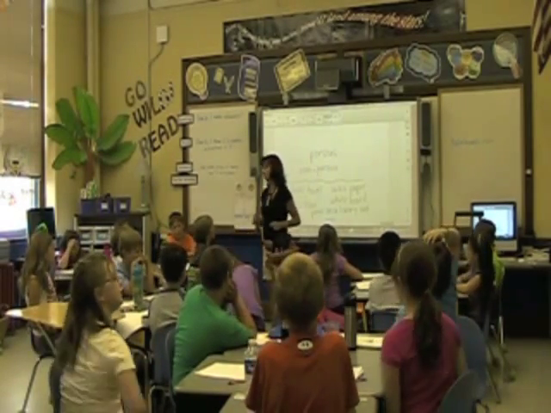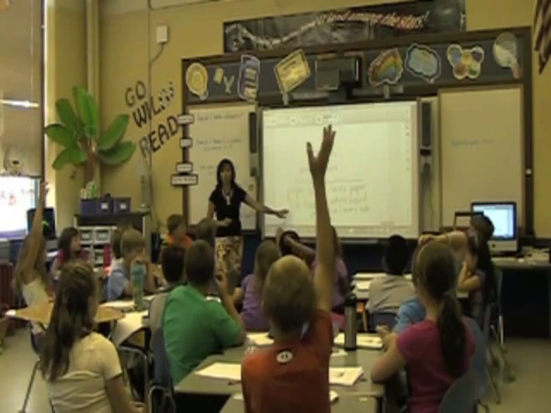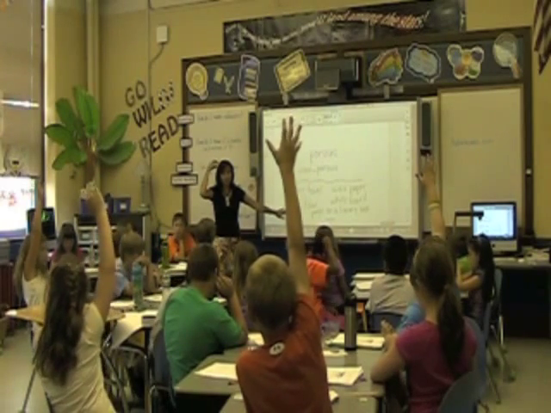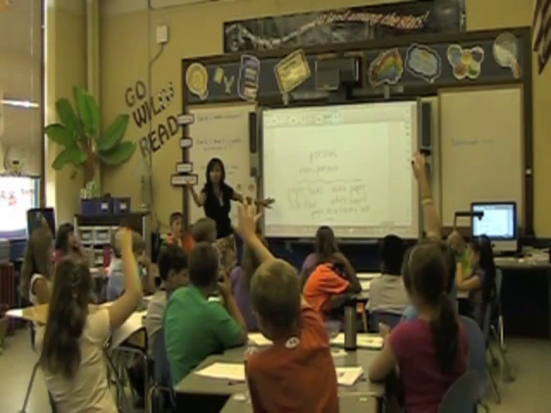Now, I want to use her sentence as a model. Someone tell me a sentence about dropping water on the tile floor. Let's think. Dig into that brain. What does my sentence want to sound like?